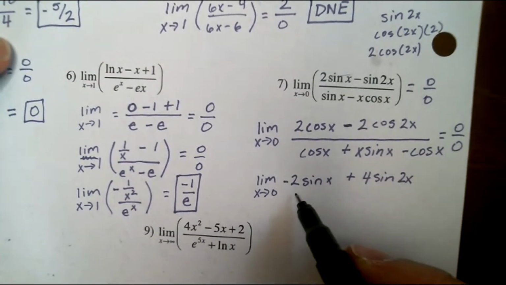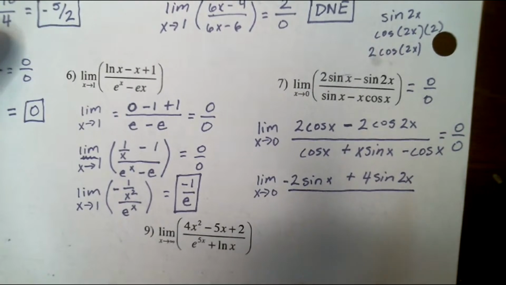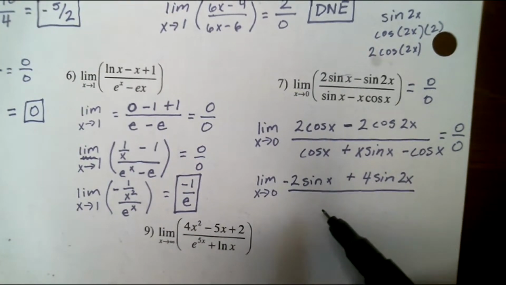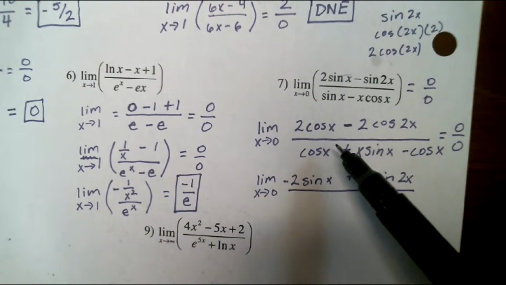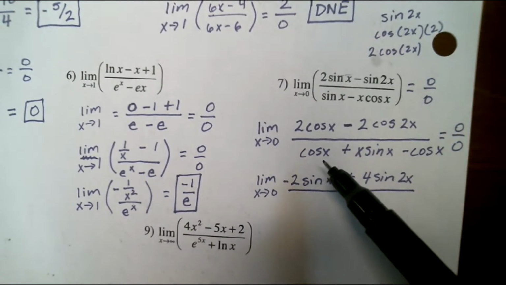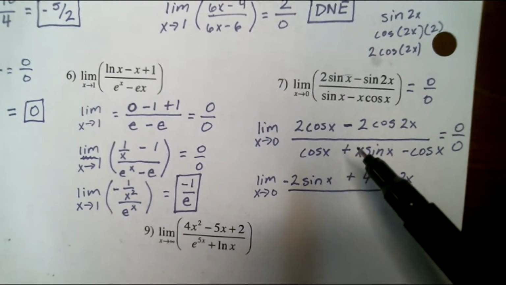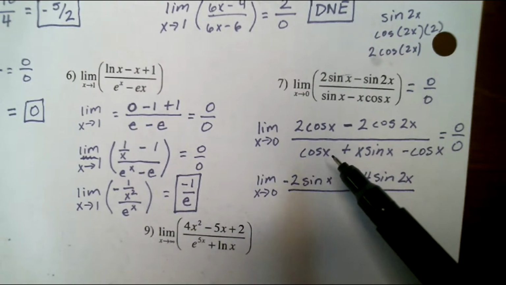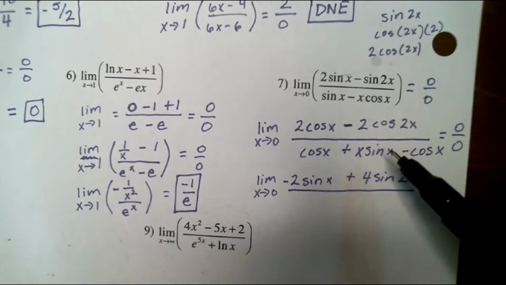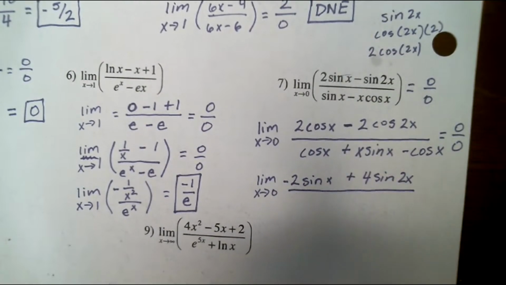All over, here, the derivative, and we're saying cosine x plus x sine of x minus cosine x. Oh, okay, yeah.